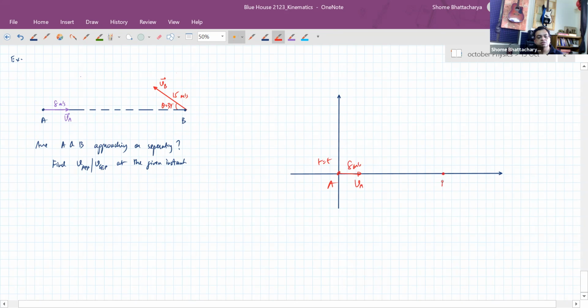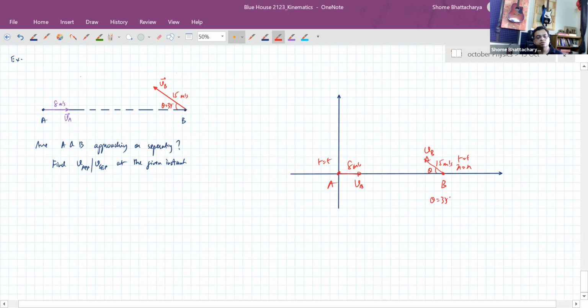B is located at some coordinate x equal to x at time t, moving at this designated velocity of 15 meters per second at this angle of 37 degrees.